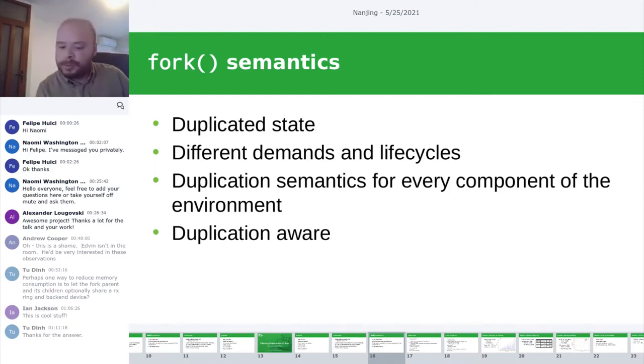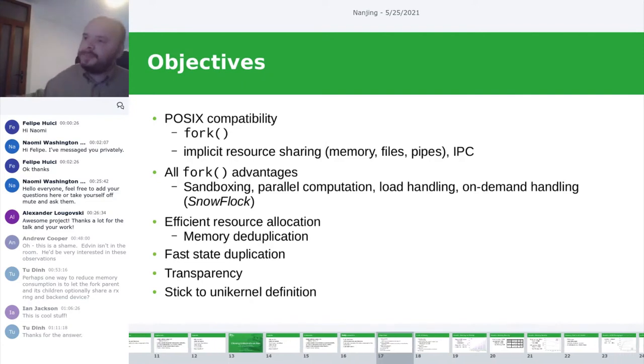Moreover, both the parent process and the child process are aware of the duplications, and sometimes there is even a protocol between the parent and the child for using some of the shared resources.